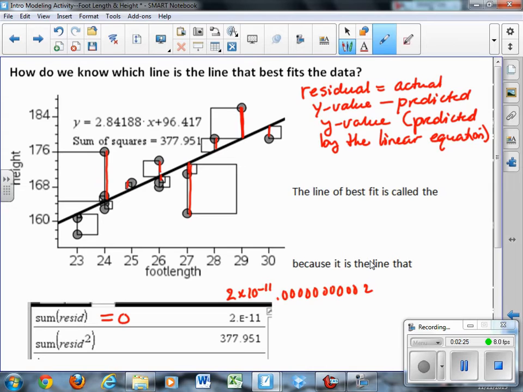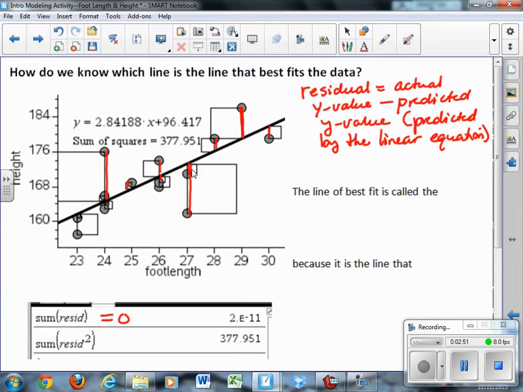Your calculator just can't quite round it correctly, and so what this means on your calculator is that we're talking about 0. So the residuals add up to 0. If I were going to use the residuals to determine how well the line fit, it wouldn't be terribly helpful because I could have big residuals or small residuals, but the positive ones and the negative ones will always cancel each other out and add up to 0.